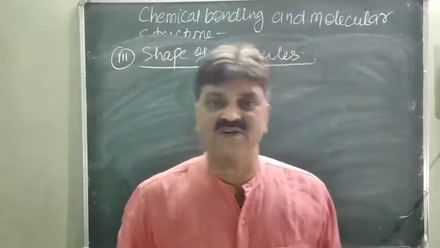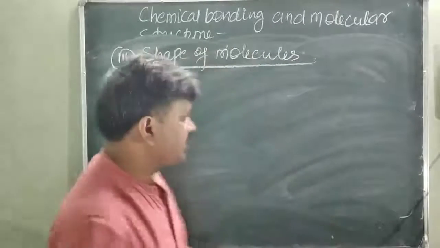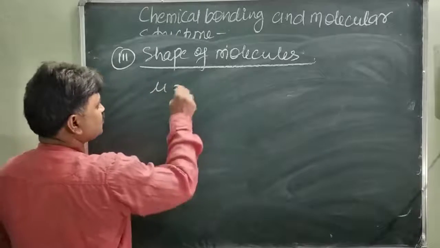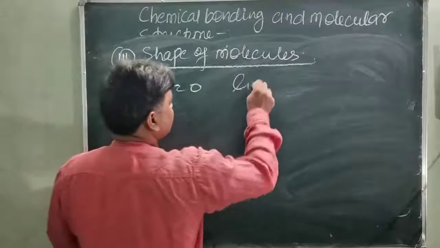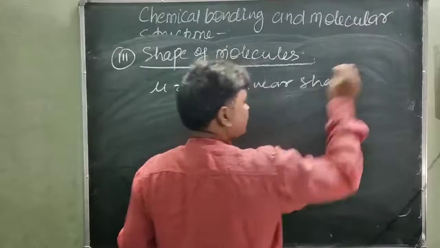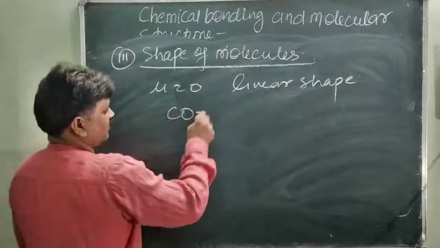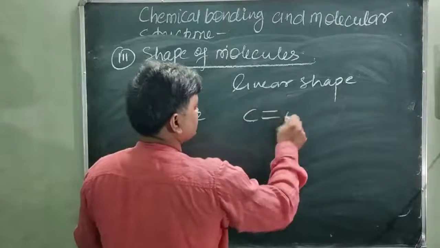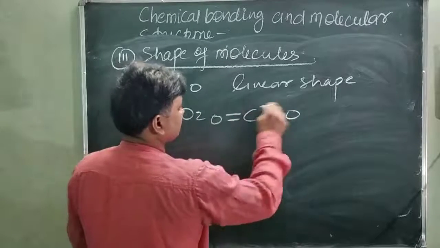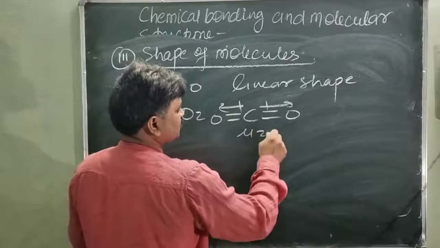Just like in case of the dipole moment value is equal to 0, what will be the shape? In case of mu equal to 0, the molecule has linear shape. Just like, what is the shape of carbon dioxide? You know that this is carbon and oxygen, so mu is equal to 0. What is the shape here?